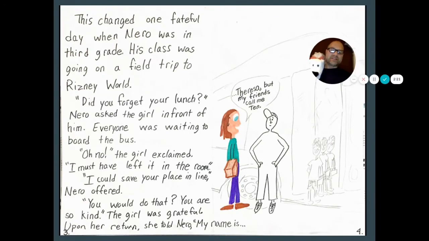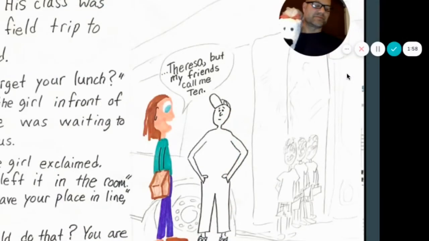"I must have left it in the room." "I could save your place in line," Nero offered. "You would do that? You are so kind." The girl was grateful. Upon her return, she told Nero, "My name is Teresa, but my friends call me 10.